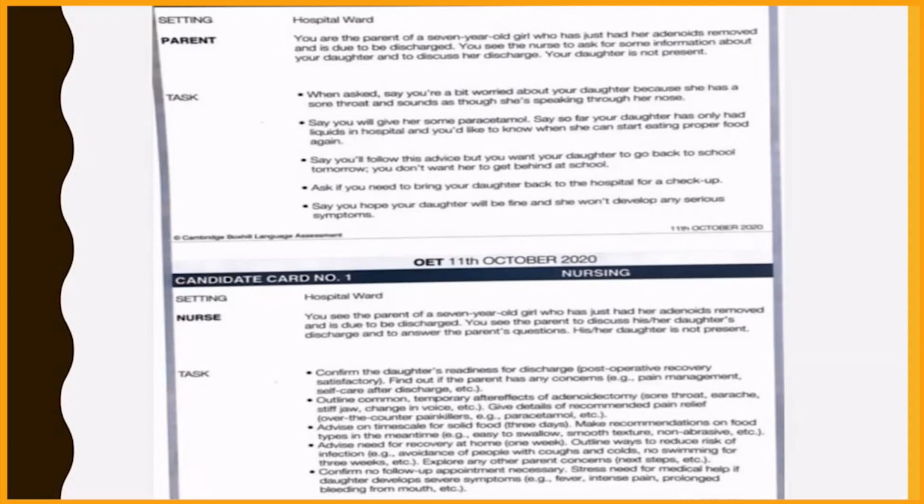You said that your daughter has some sore throat and sound change. These are the common after effects after this surgery, and there are some other side effects such as earache, stiff jaw, and change in voice, etc. So, nothing to be overly concerned.